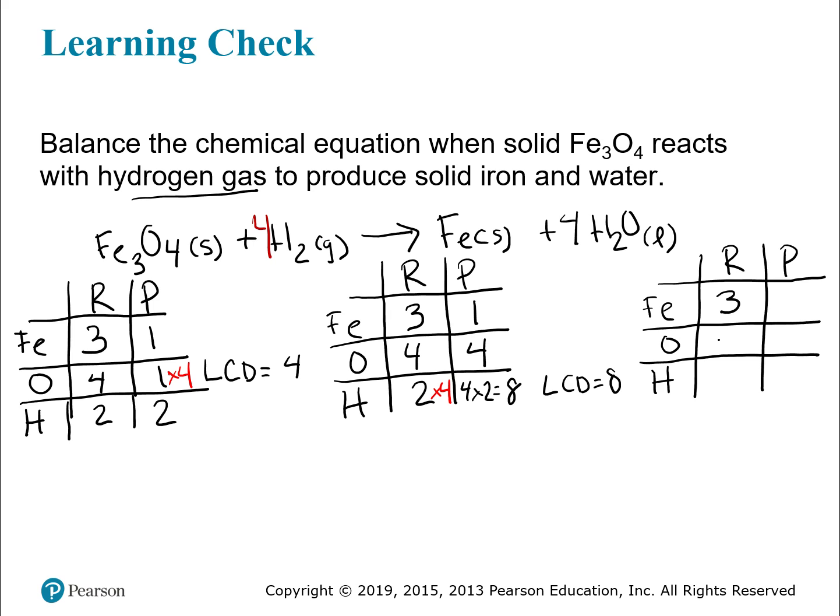So we haven't changed the iron or the oxygen on the reactant side, but we now have 8 hydrogens on the reactant side instead of 2 like we did before. We haven't changed the iron yet, but it's coming. And now we still have the 4 and the 8 for the oxygen and the hydrogen respectively.